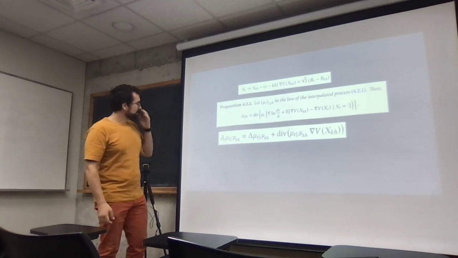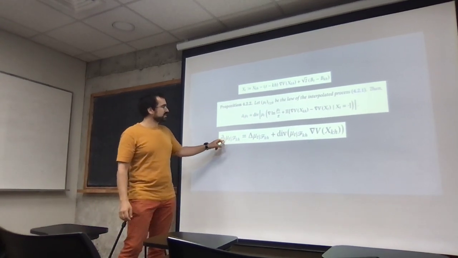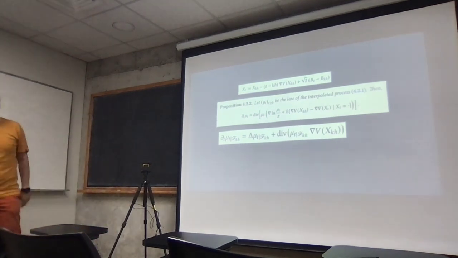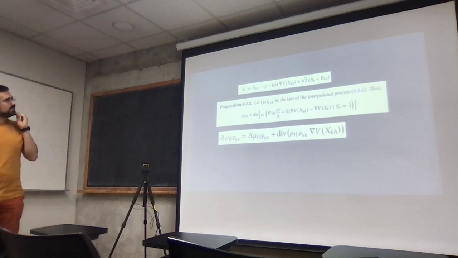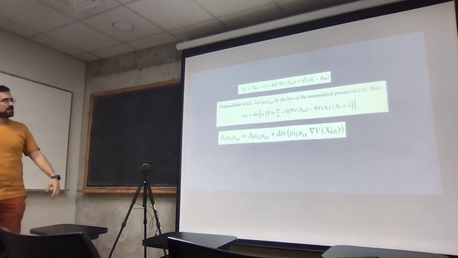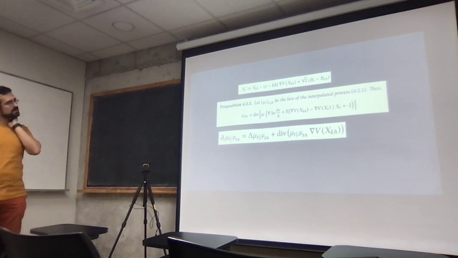Okay, so basically this is the starting equation that these are satisfying. If you look at the definition of the interpolation, this is the start. This equation just comes from the Langevin equation, where I'm putting these conditional probabilities.